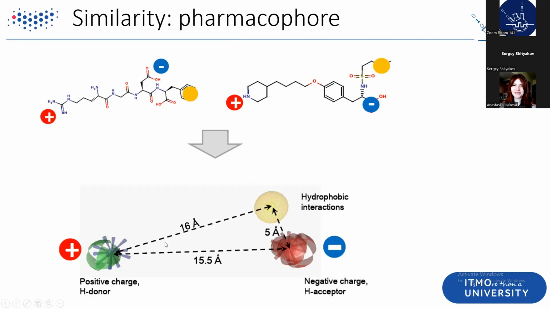You can apply this pharmacophore to various receptors, various ligands, and you will get more tools to screen the database. You will screen on positive charges, negative charges, hydrophobic interactions at particular distances. There are different algorithms for how to process this kind of information.